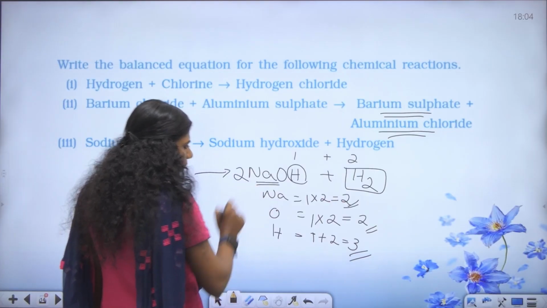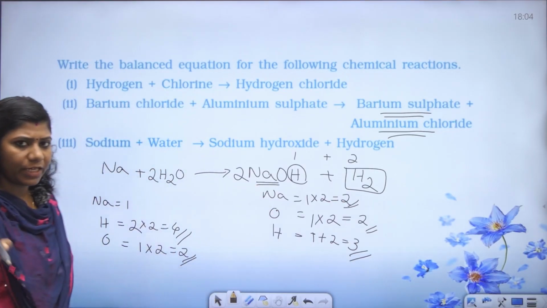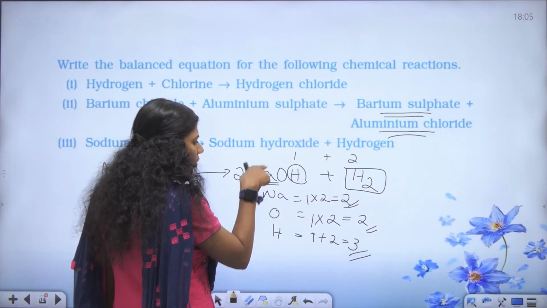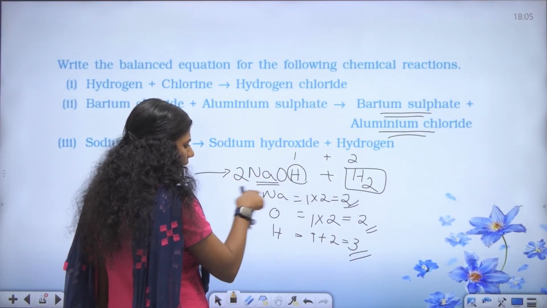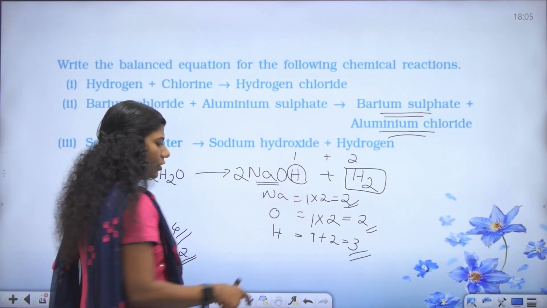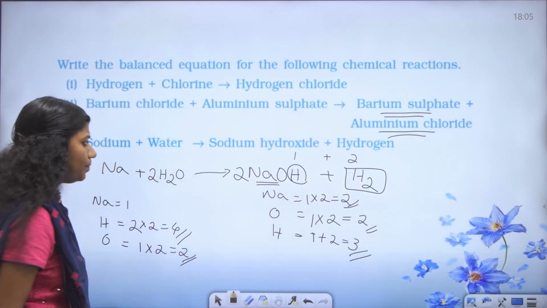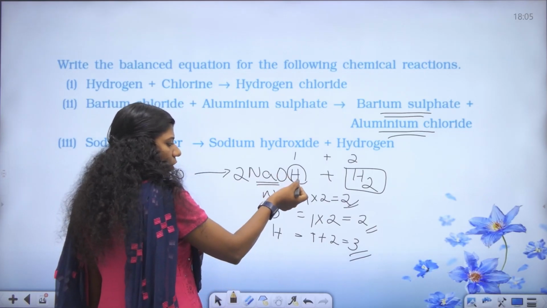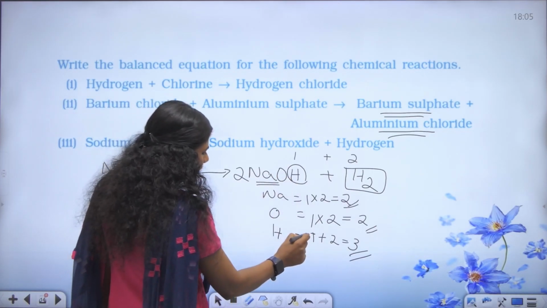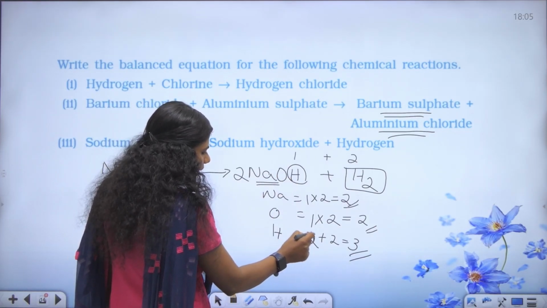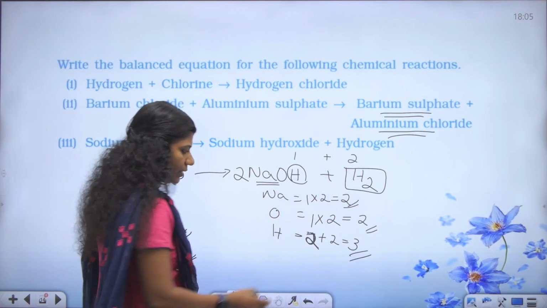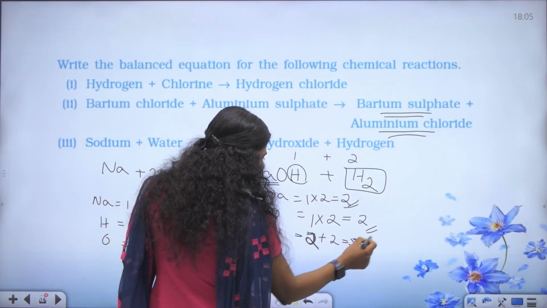In 1 molecule of sodium hydroxide, the number of sodium atoms is 1. So 2 moles of NaOH, 2 into 1, is equal to 2. Number of hydrogen atoms: 2 molecules of NaOH contain 2 hydrogen atoms, and here also 2 hydrogen atoms are present. So 2 plus 2, 4.